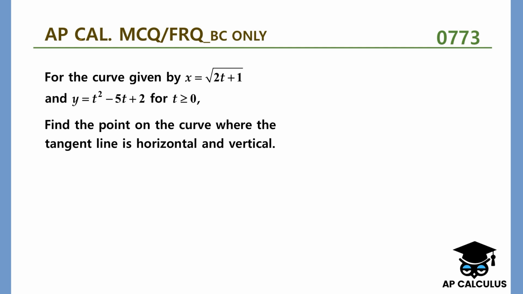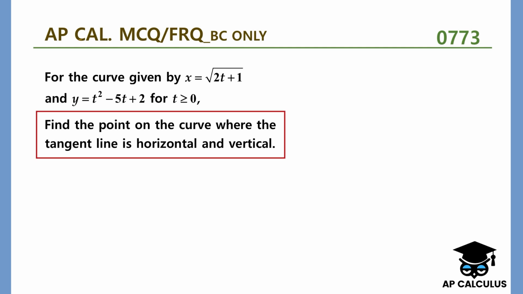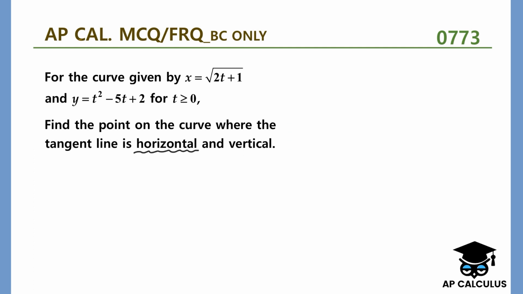Question 773. Find the point on the curve where the tangent line is horizontal and vertical. In a parametric curve, we have a horizontal tangent line when dy over dt equals 0 but dx over dt is not equal to 0.